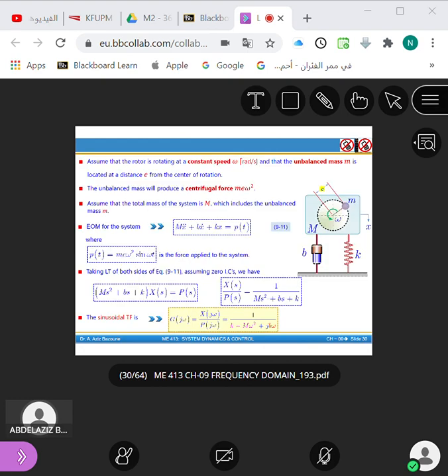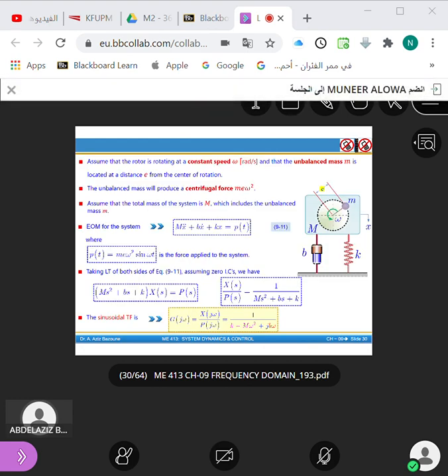As you see here, this is what we found. This is the function we found here.